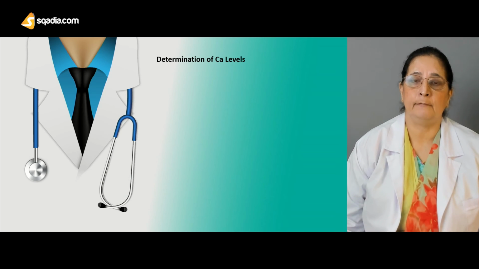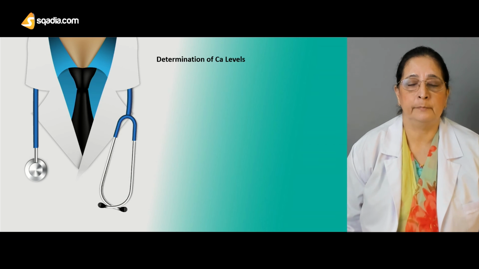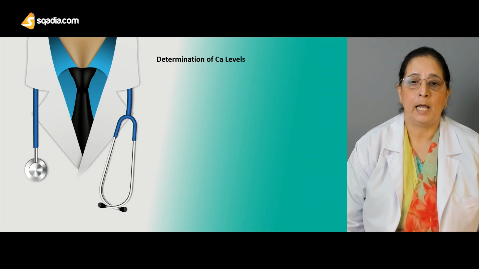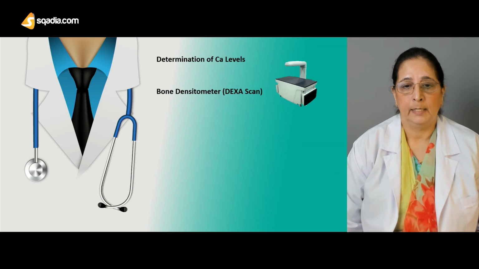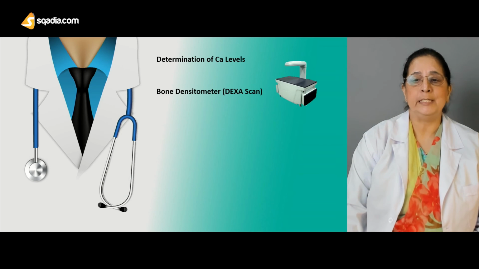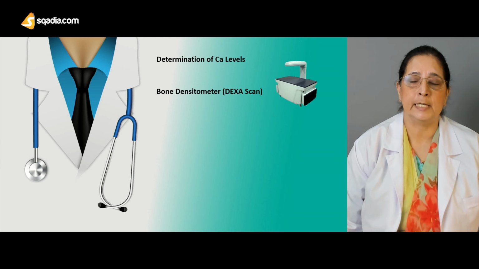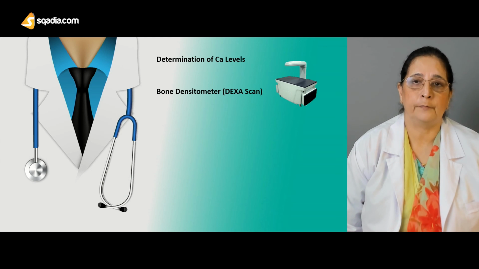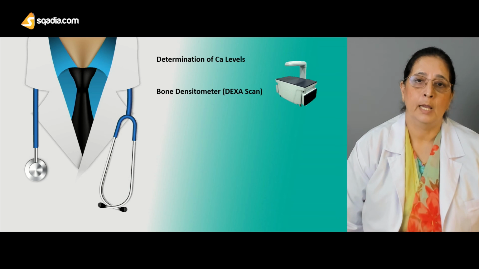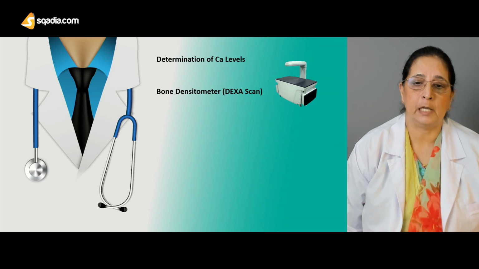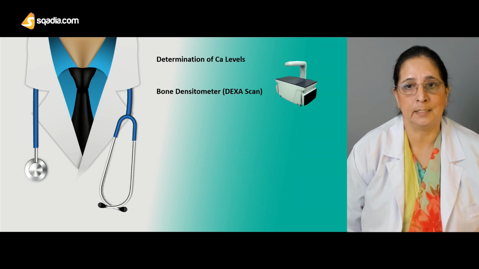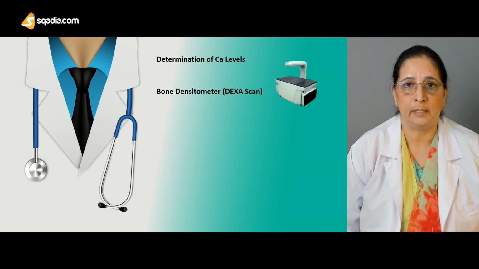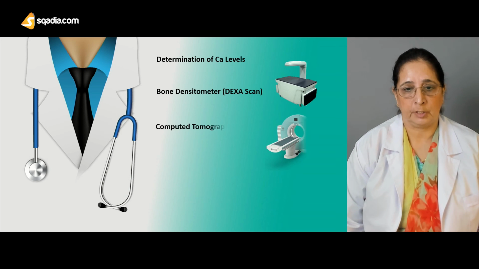If the calcium levels are not normal, then usually we can suspect hyperparathyroidism. Then bone densitometer, DEXA scan, bone density. If there is increased reabsorption of calcium from the bone as a result of hyperparathyroidism, then bone density is less. Bones are very weak, fragile, and they are prone to fractures.